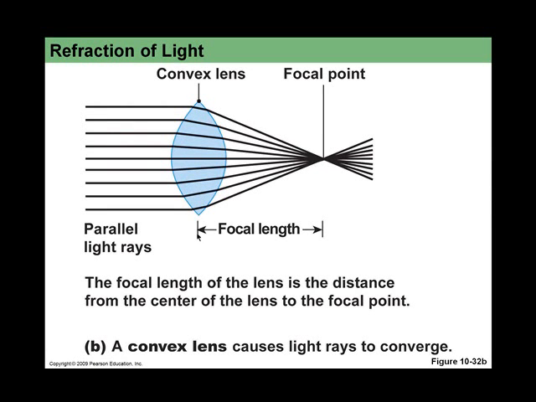So you see this line here is supposed to be positioned right down to the center of the biconvex lens, and that point where the light rays cross each other is called the focal point, and the distance from the center of the convex lens, biconvex, to that focal point is, of course, the focal length. So the focal length of the lens is the distance from the center of the lens to the focal point.